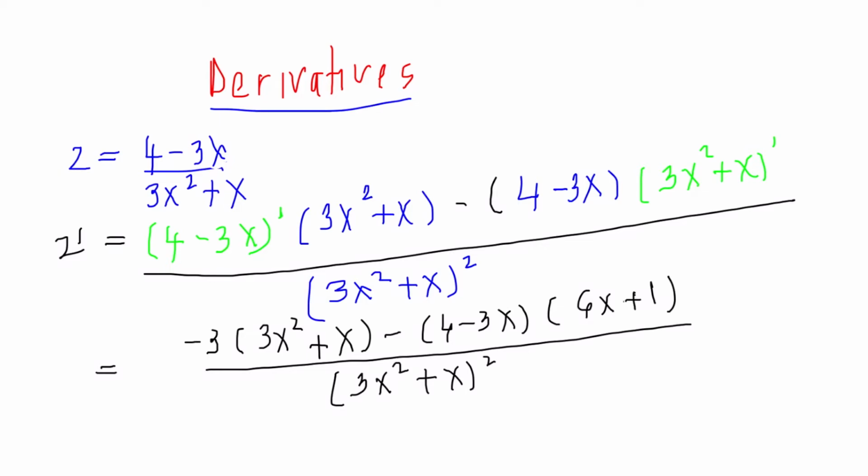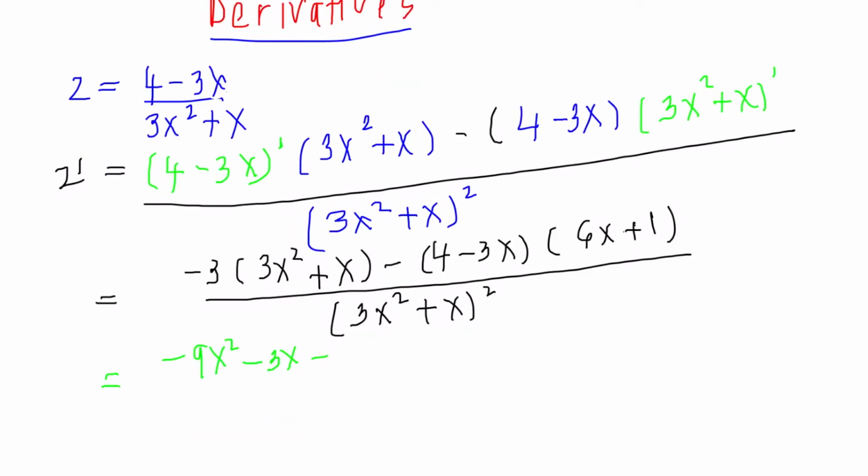Now we will expand the numerator, and we multiply negative 3 with everything inside. That's negative 3 times 3x squared, that's minus 9x squared, minus 3x. Then this is 4 because we are directly taking it from there.